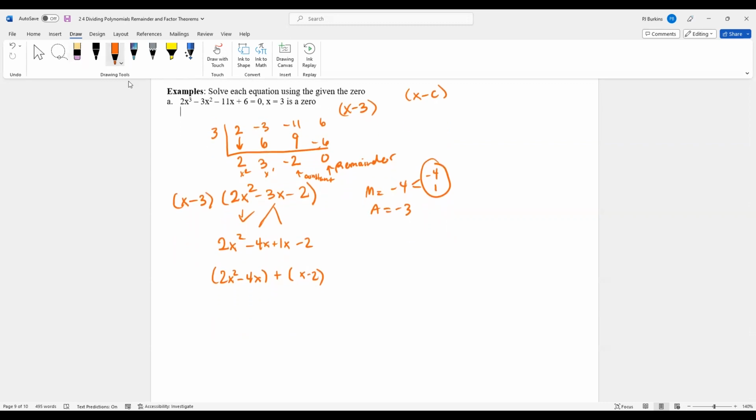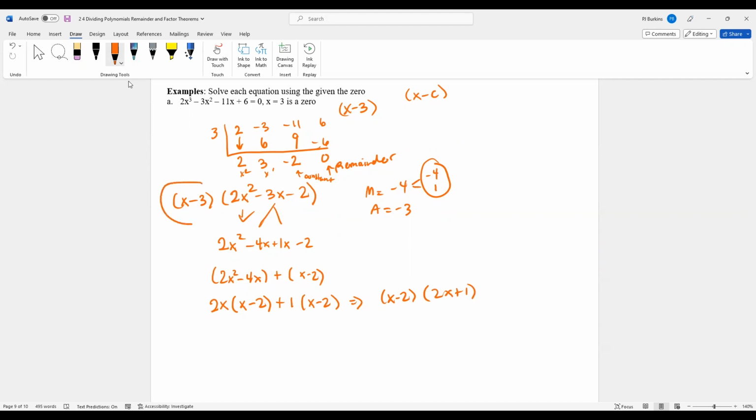Well, the first group has a 2x in common, and that leaves me with x minus 2. Notice that the second one is already x minus 2, so I just act as though there's a 1 there, which in fact there is. And this is nice because now both of them have an x minus 2, which means that's a factor, and so is 2x plus 1.